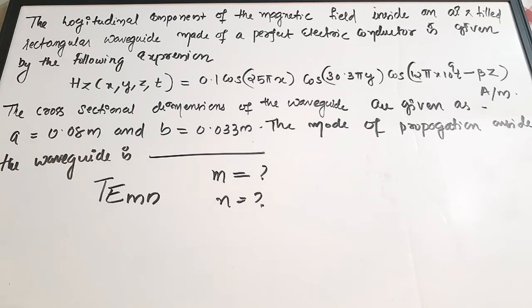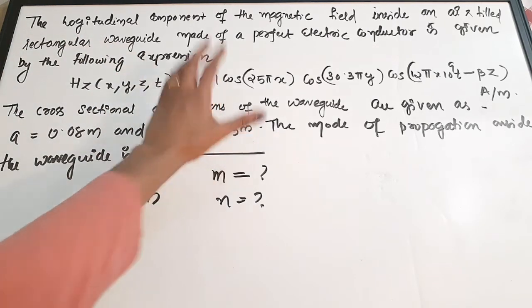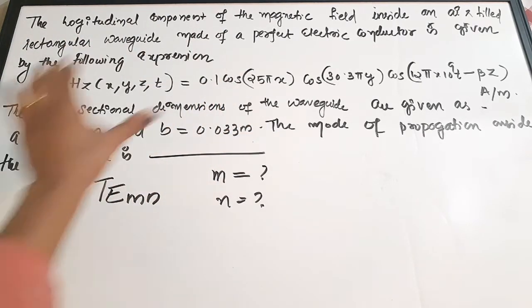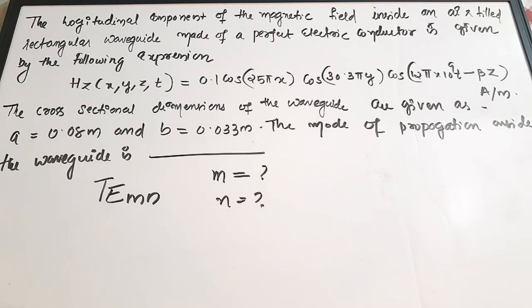Now how to find M and N? That is only possible by equating this with the general equation of your magnetic field. It will be known to you if you see the videos. Not only my video, you can find a lot of other videos on rectangular waveguides, where you can find the general equation for the magnetic field.